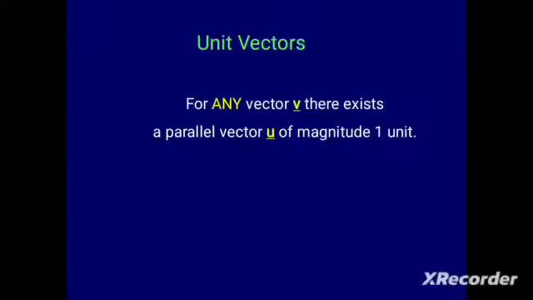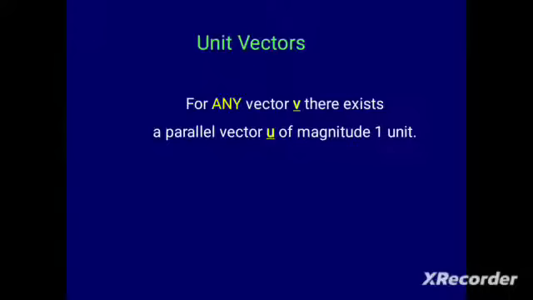Okay, on the other part is unit vectors. We are going to talk about unit vectors, and we have that for any vector v, there exists a parallel vector u of magnitude 1 unit. That's why we call it a unit vector.